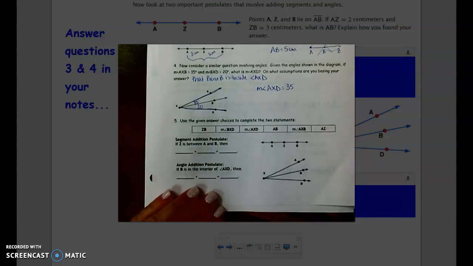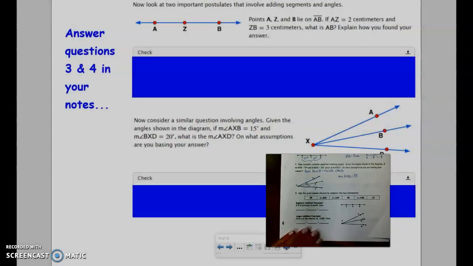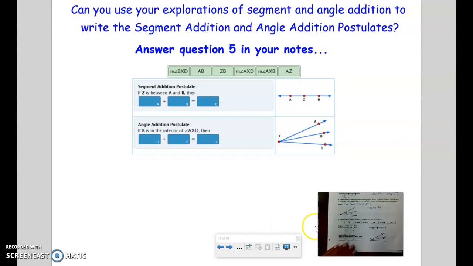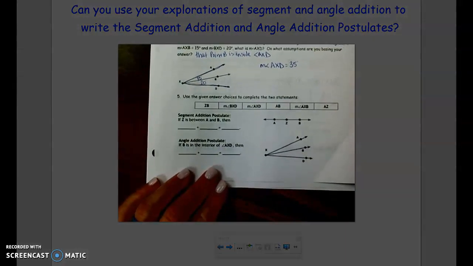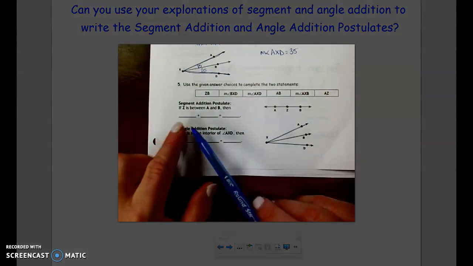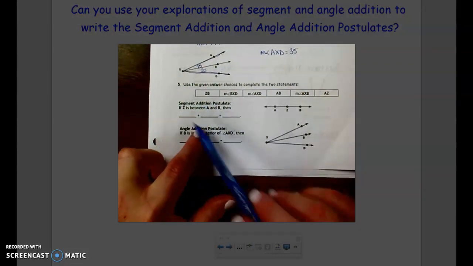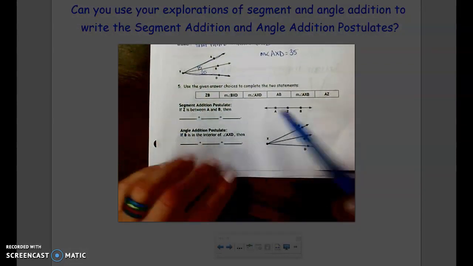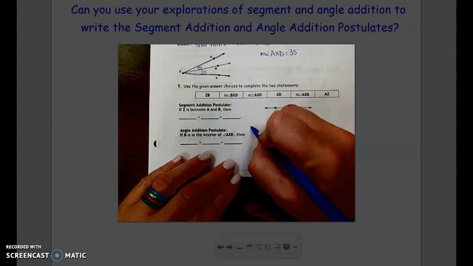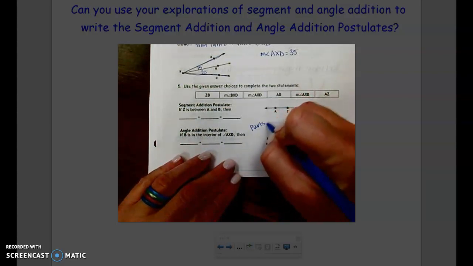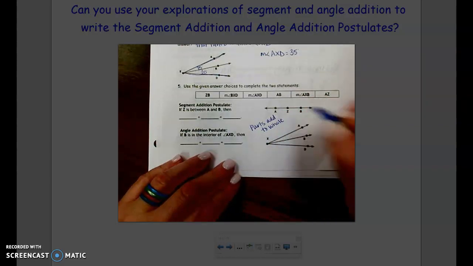So let's look at number 5 in our notes. And this will kind of sum up what we learned with these two postulates. So again, the addition postulates, segment and angle addition postulates, you'll hear me say a lot that the parts add to the whole. And that's what these two properties are saying.